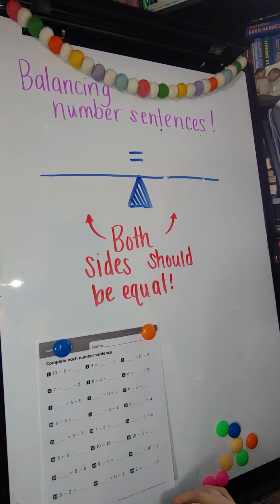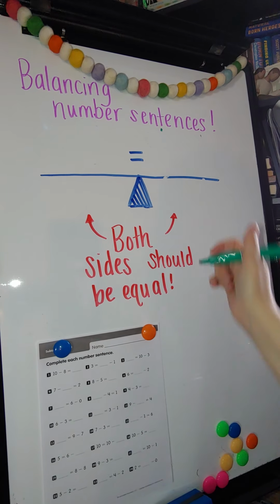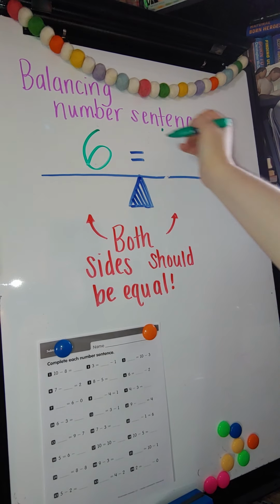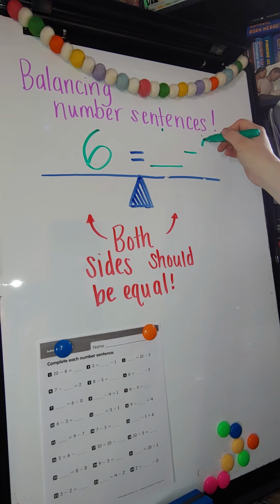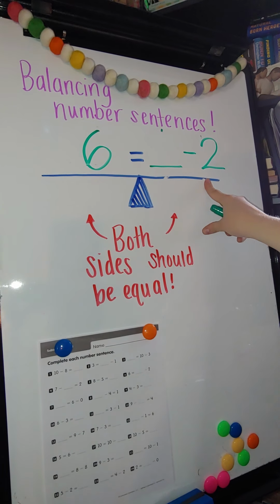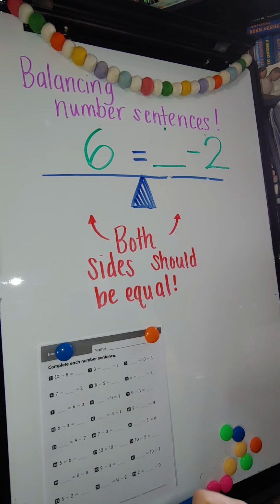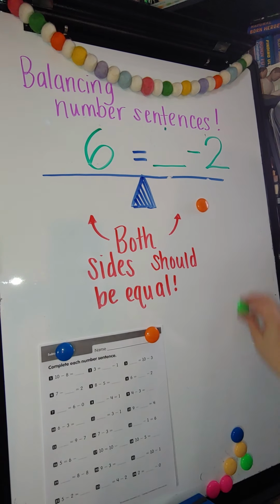Let's try one more out. Let me erase those. Let's do this one. I have 6, and I'm going to have something minus 2 right there. So on this side, I have to have 6. On this side, it has to be 6. So we have to figure this out. Let's do where we just try it out.